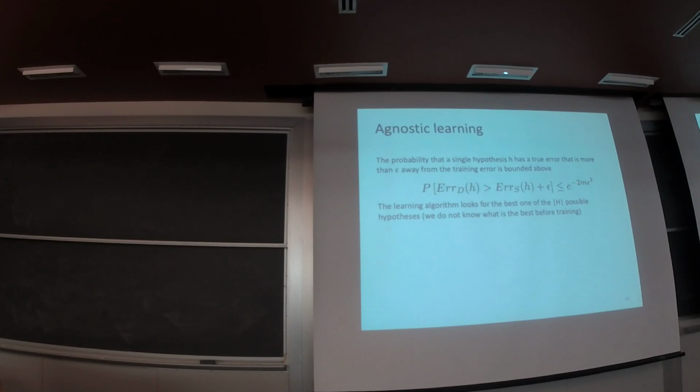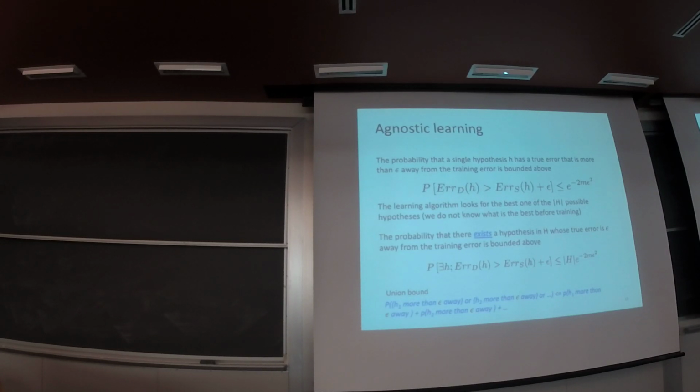Here's how we do it. We use a very conservative conclusion. We want to bound the probability that there exists a hypothesis in the whole space such that the true error is bigger than the training error plus epsilon, by some bound.